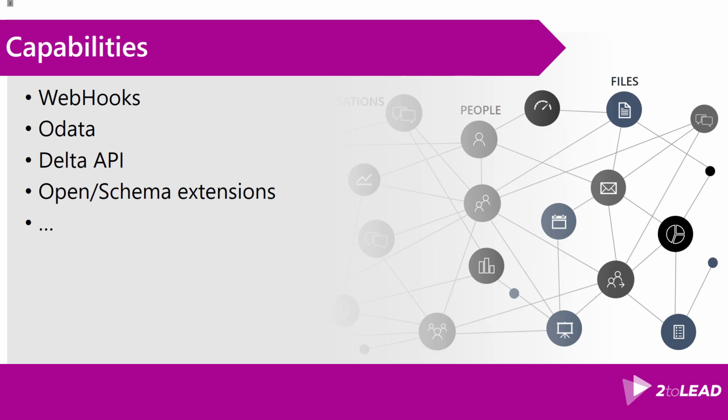And the open and schema extensions. Those are two ways to store your own data in the Microsoft Graph and to extend the metadata that's already available there. Think about adding some business data on top of a meeting, or adding some kind of reference between a document and your archiving system, all those kinds of scenarios.